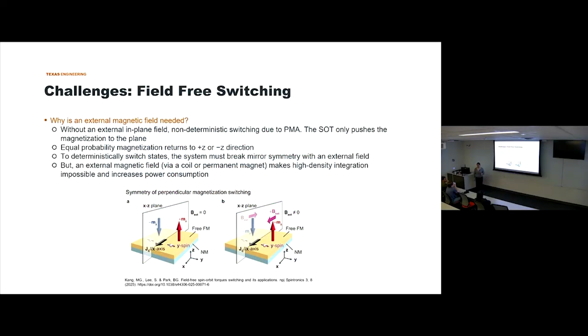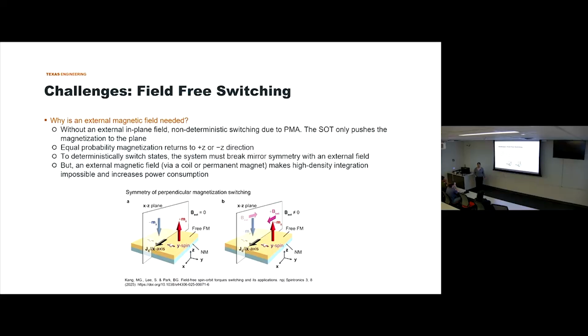Another key limiting factor to incorporating SOT-MRAM into commercialization is the need of an external magnetic field. So without the external in-plane field, we have really non-deterministic switching due to the PMA. The SOT only pushes the magnetization to the plane, and then whether or not it switches to the positive or negative direction is just probability, so it's non-deterministic.